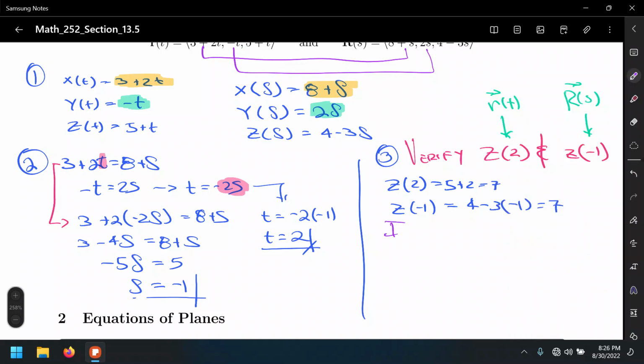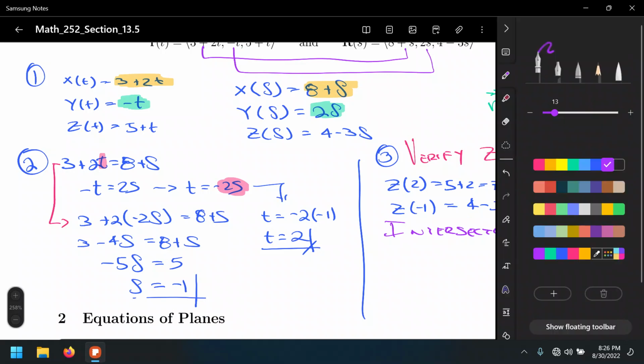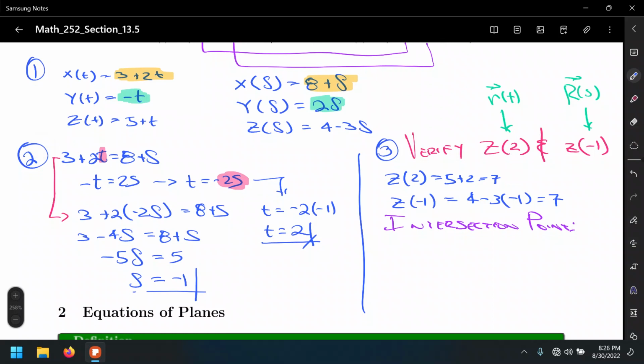Intersection point. I'm going to do the t equation, and then just briefly the s equation.